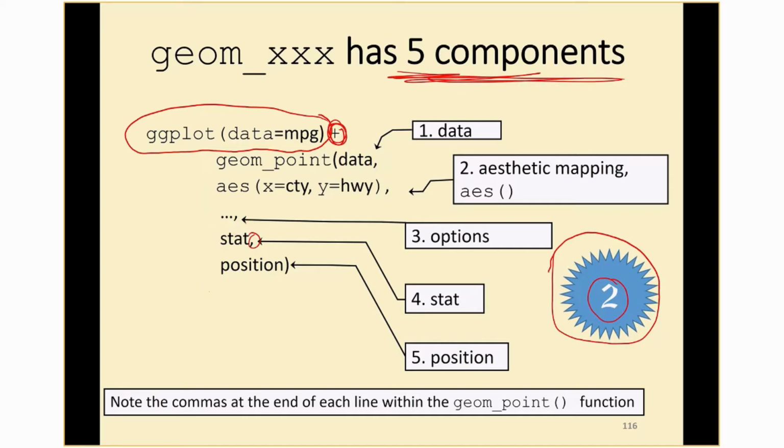The first component is every geom needs to have some indication of what the data is that it's going to operate on. It needs to have this rather strange thing called an aesthetic mapping that I'll go into more detail later. It has options, it has stat, and it has position. So every geom has those 5 components.